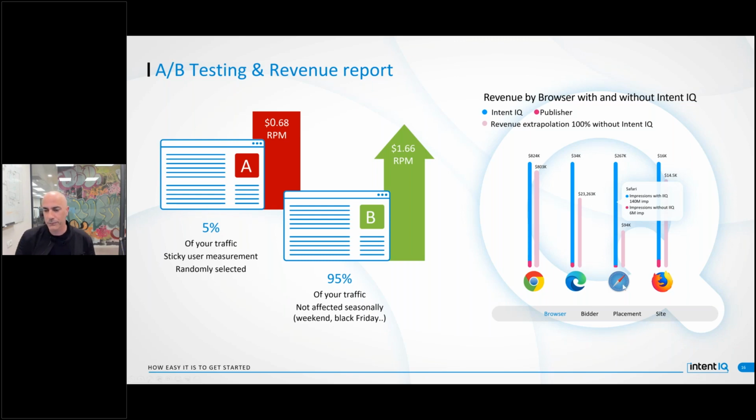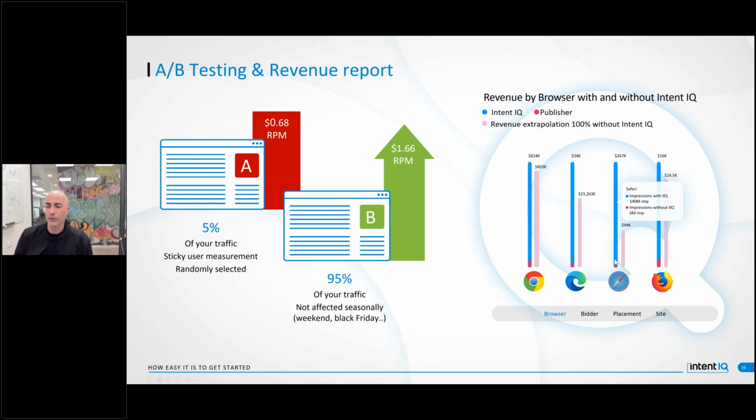So just to focus on the Safari, because we're talking here about Safari, the small pink red dot actually represents what your 5% group B is generating. And on the right side, that's the extrapolation of 100%. What if you were running without the IntelliQ across 100% of the traffic? In this case, this is real data. You're seeing $94,000 revenue extrapolated without the IntelliQ.